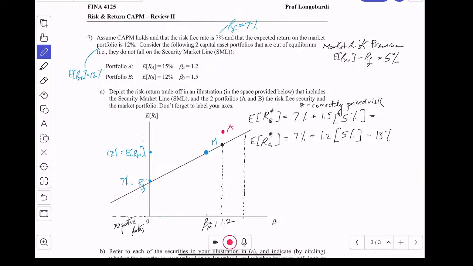It should be 14.4. So B should be up there.